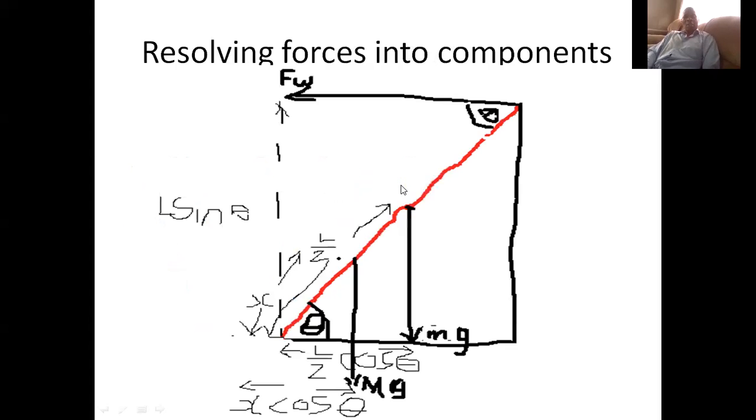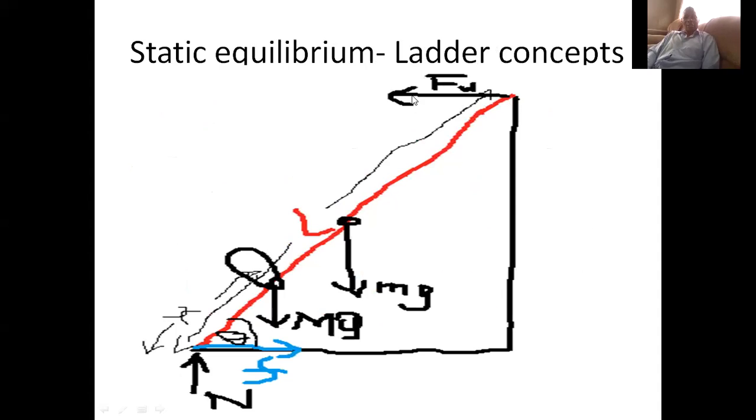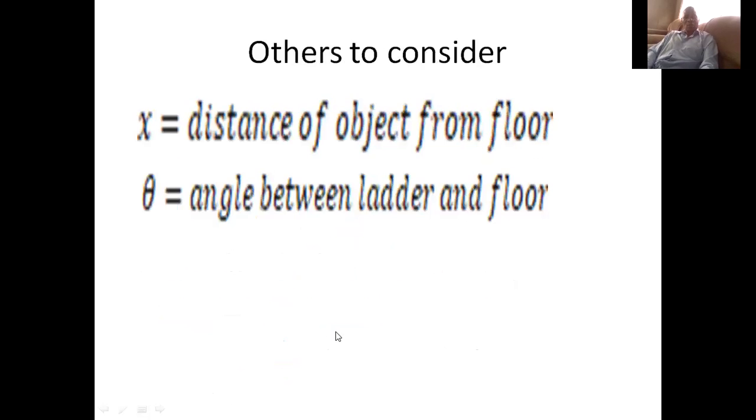The only forces we can identify here which are in the x-axis are this force here, which we have considered to be negative Fw, and the frictional force, since it's in the positive x-axis, which we have considered to be positive. So these two, when you add them, should add up to 0.